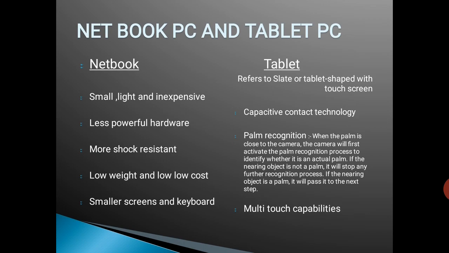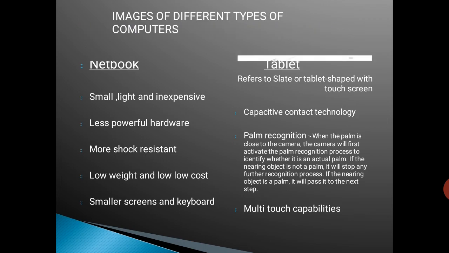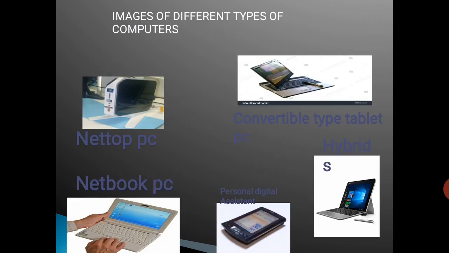That is palm recognition. And it has multi-touch capabilities. And these are the images of different types of computers such as nettop PC, netbook PC, hybrids, convertible type tablets, etc. So be familiar with all these images.